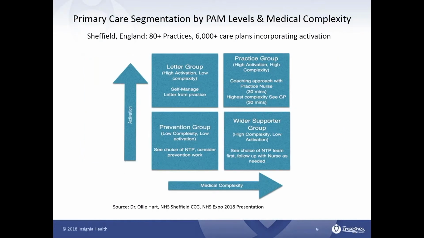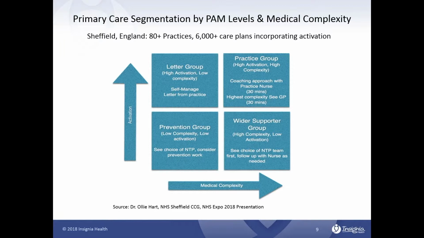There's been a bit of work in primary care, at least in the UK, and they've been able to segment their population using the PAM and map that against medical complexity or acuity. They've been able to see that those who are higher activated and low acuity, we don't really need to do a lot with them.